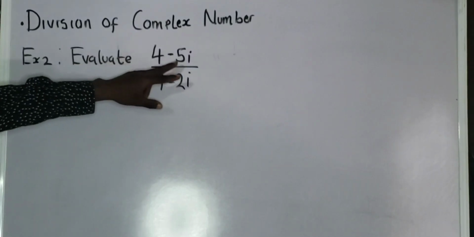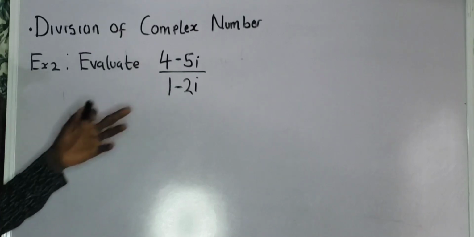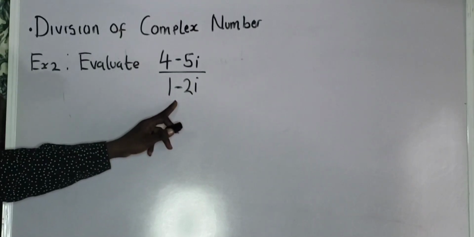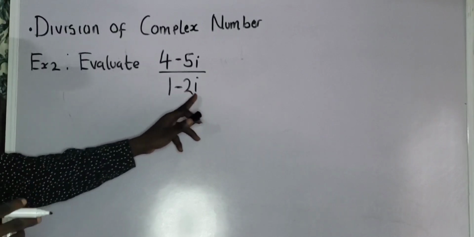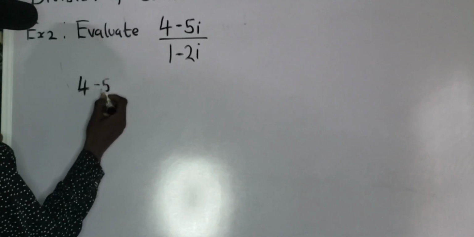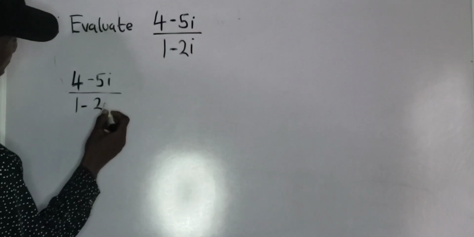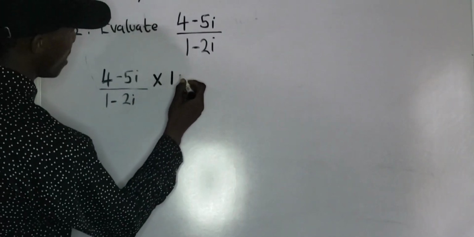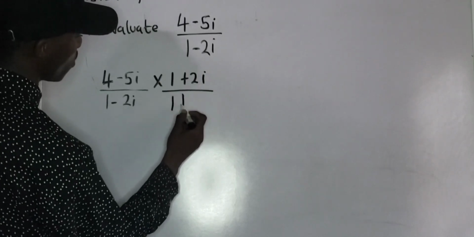Evaluate (4 minus 5i) all over (1 minus 2i). Don't forget that I told you that the first step is to multiply both the numerator and the denominator by the conjugate of the denominator. Now, the denominator is what? 1 minus 2i. The conjugate of 1 minus 2i is what? 1 plus 2i. So I'm going to have (4 minus 5i) all over (1 minus 2i) multiplied by (1 plus 2i) all over (1 plus 2i).